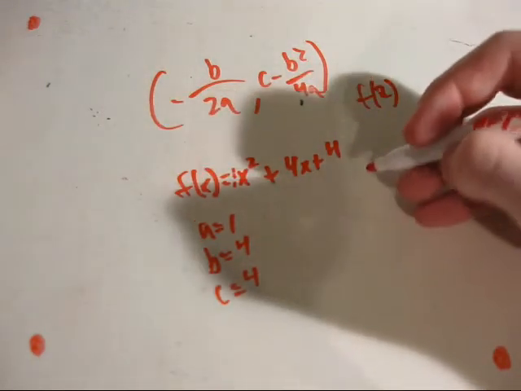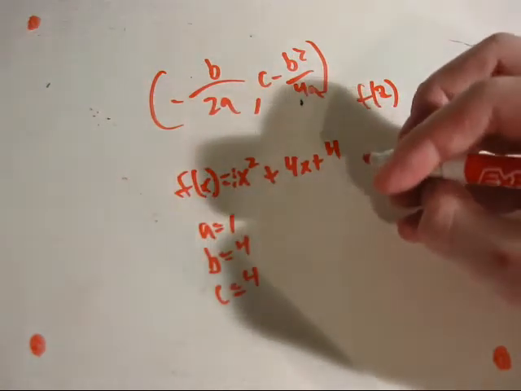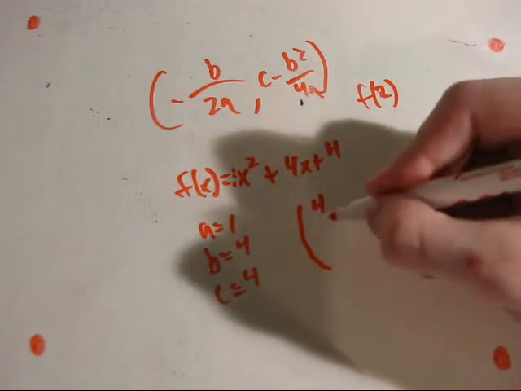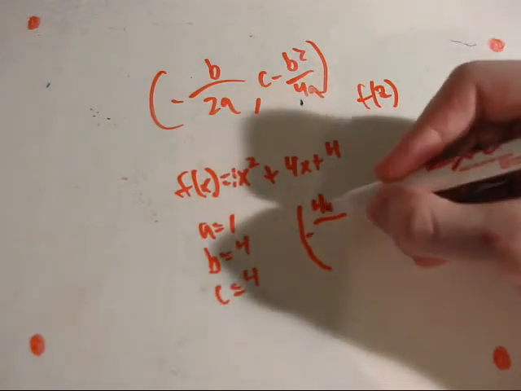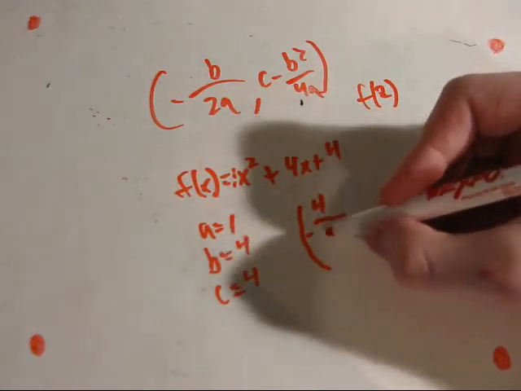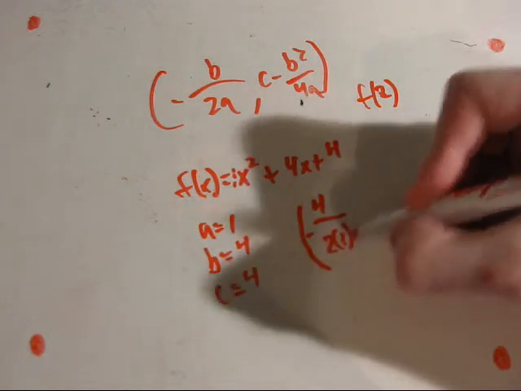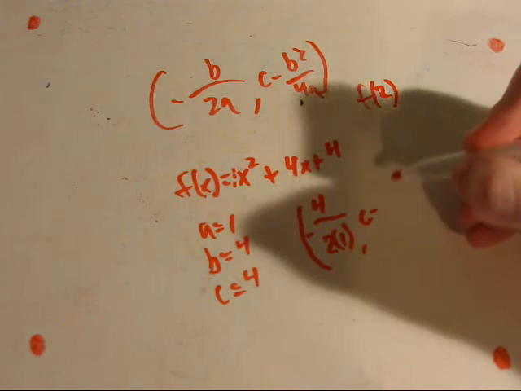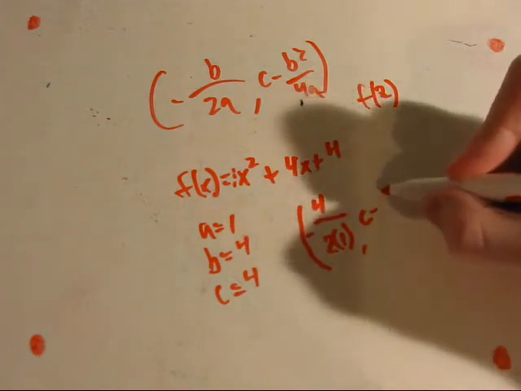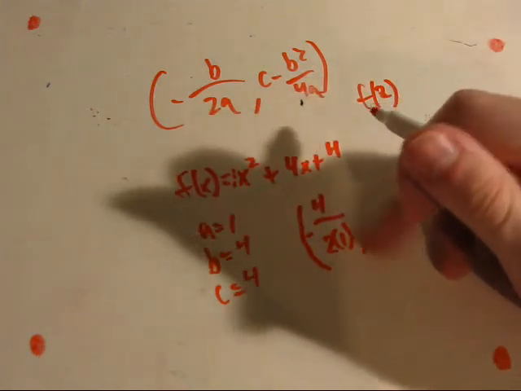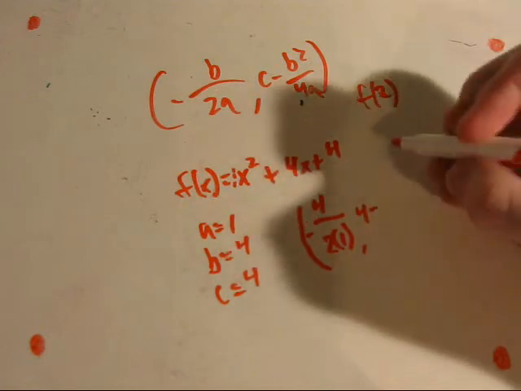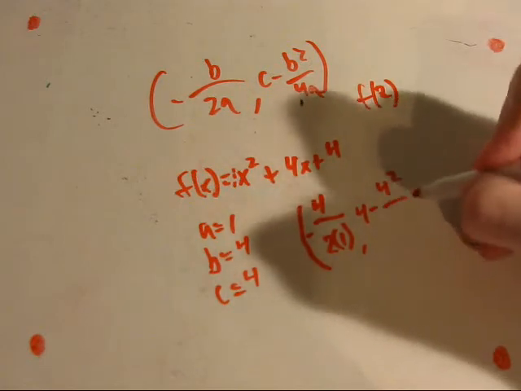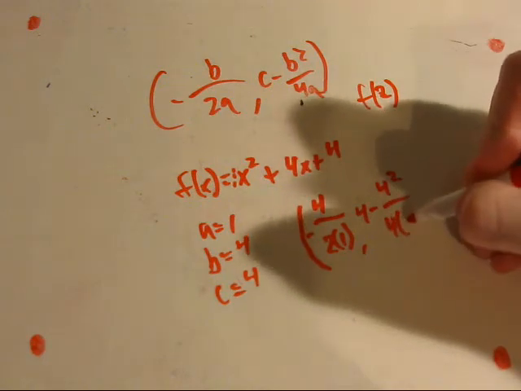So, setting up this equation here, the x coordinate will be negative the quantity of 4 over 2 times 1, and the y will be c minus the quantity of 4 squared over 4 times 1.